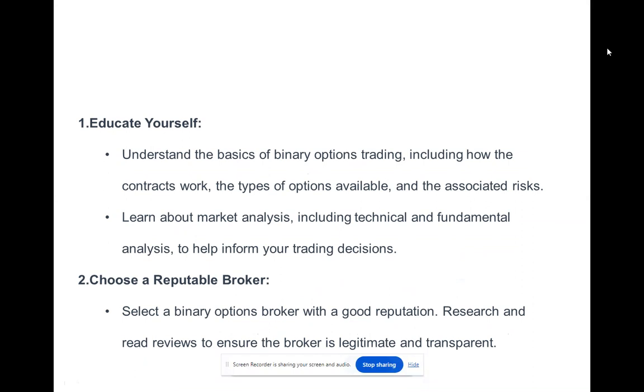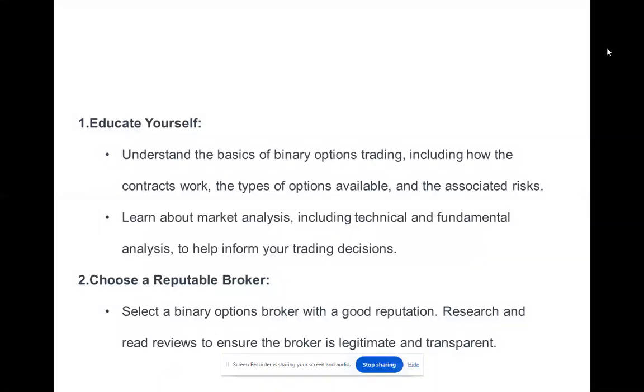Also, you must learn about market analysis, including technical analysis and fundamental analysis, to help inform your trading decision. So if you want to dive into binary option trading, the first step to do is educate yourself.